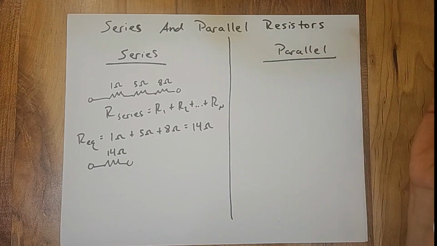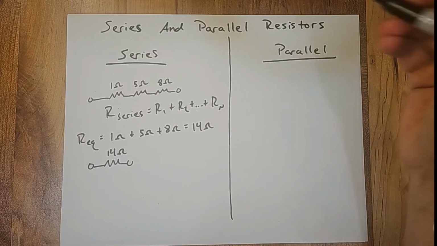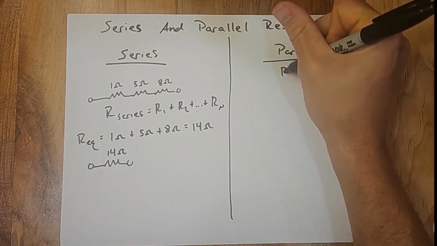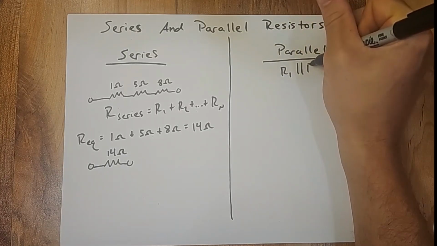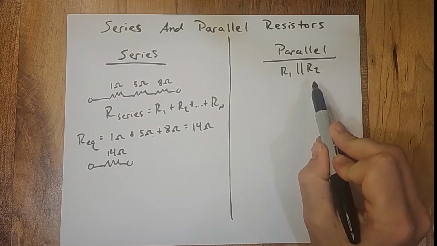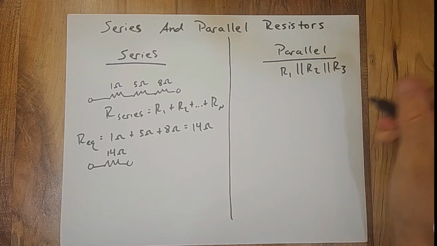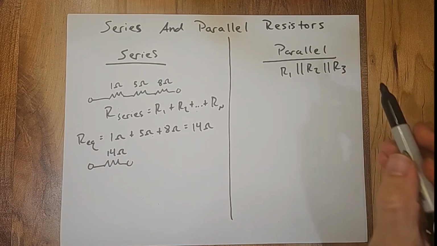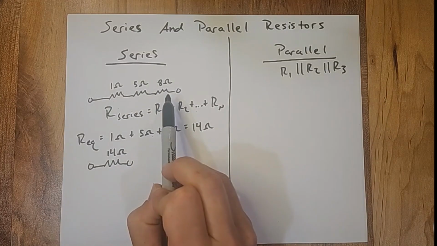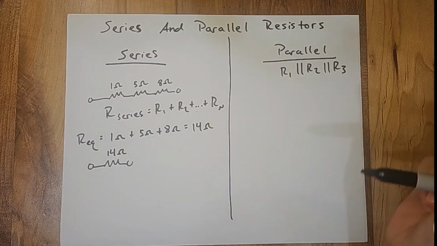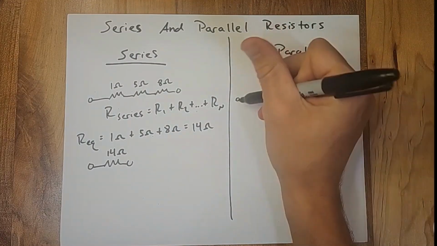Let's do parallel resistance. First, we're going to symbolize it as these two lines. That just shows that some resistors are in parallel. You can have another one on there for R3, however many you want. Now let's take these same resistors, 1, 5, and 8 ohms, and let's draw those in parallel. So we have our start.